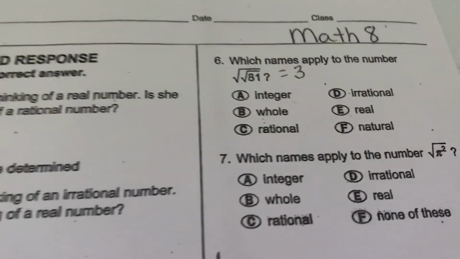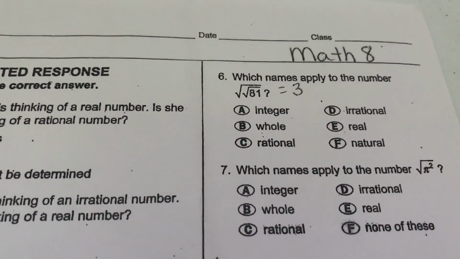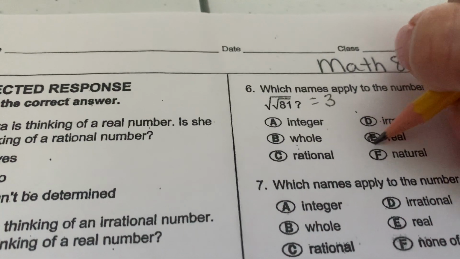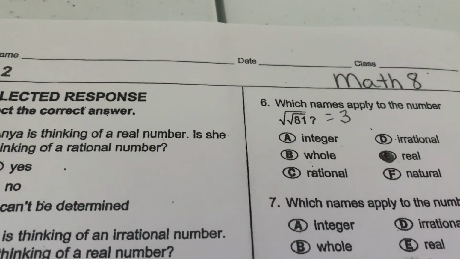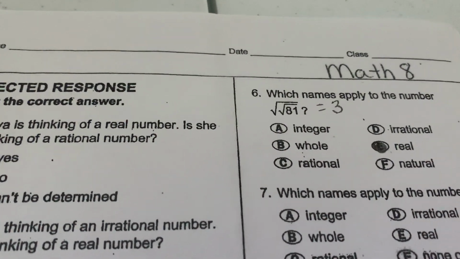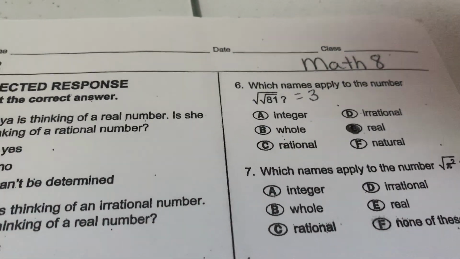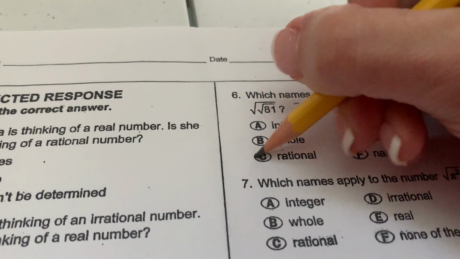Well, we know that 9 is definitely a real number. So let's circle in E. We know that that 9 is rational. So we're going to put it here because it's a whole number.